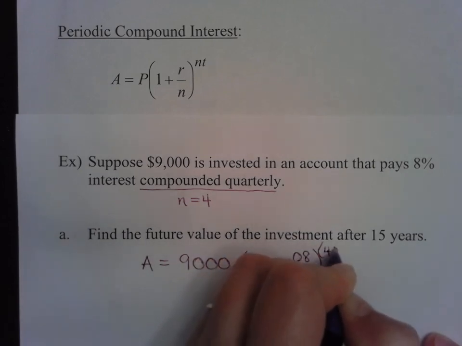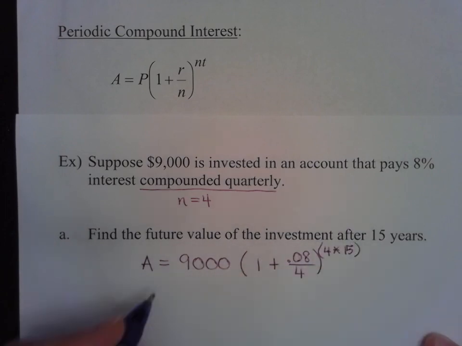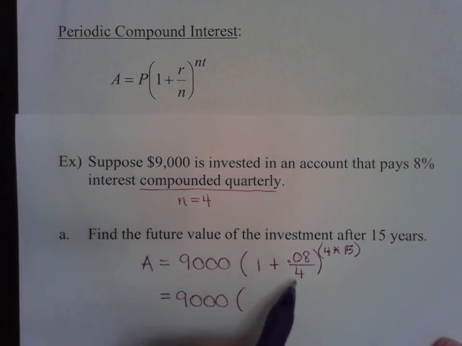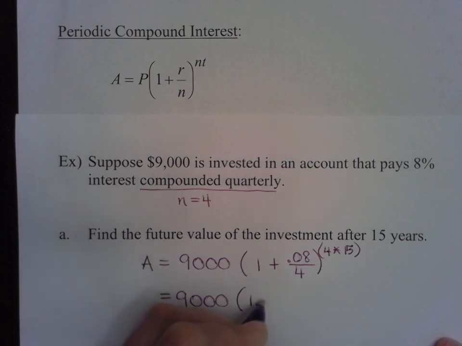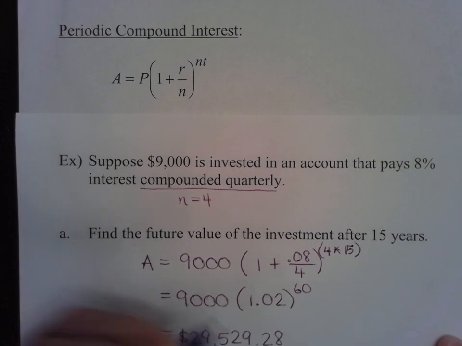And then when I calculate the interest, I'm going to do it 4 times for each of the 15 years. So 0.08 divided by 4 is 0.02. So I have 1.02 raised to the 60th power. If I put that in my calculator, I end up with $29,529.28.